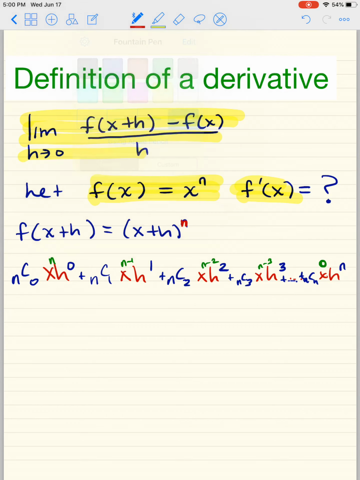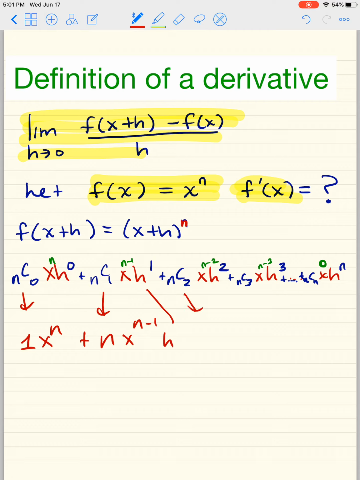Okay, let's see what we can do here. n choose 0 is 1. This is x to the n. h to the 0 is 1. Great. This next one is n, times x to the n minus 1, times h to the first.